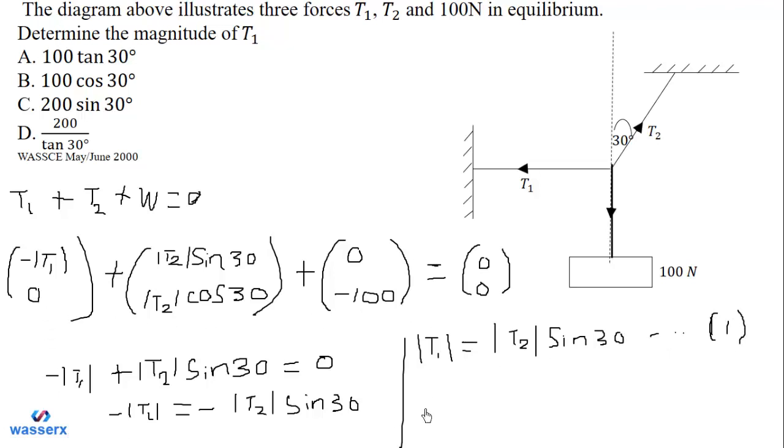Now from the second component, which is the vertical component, we have the equation magnitude of T2 cos 30 degrees is equal to 100. Now we need to do some substitutions because we are solving for T1.